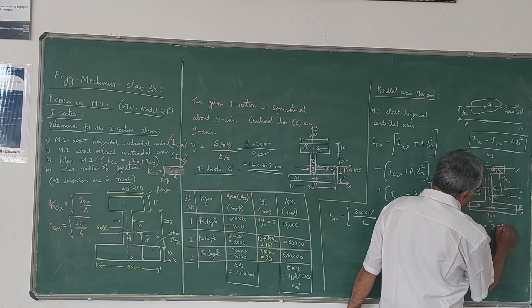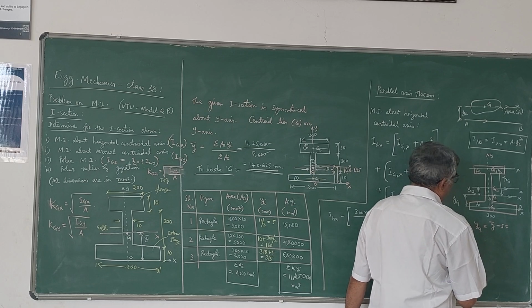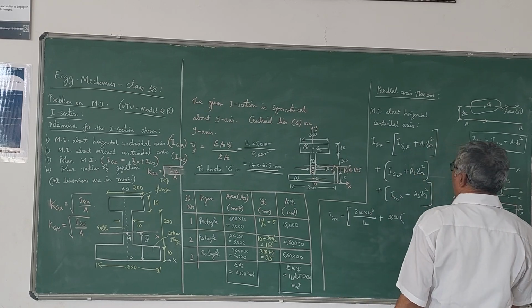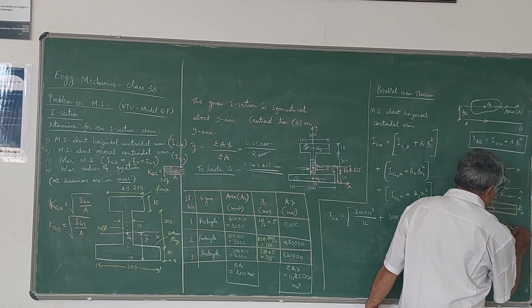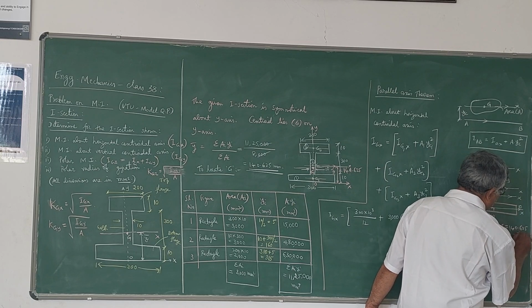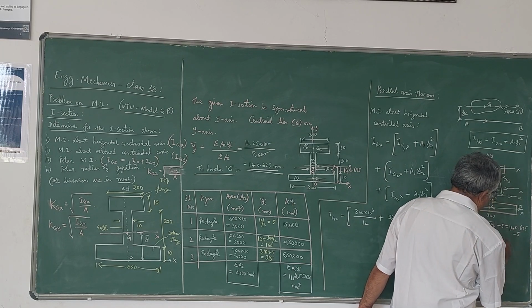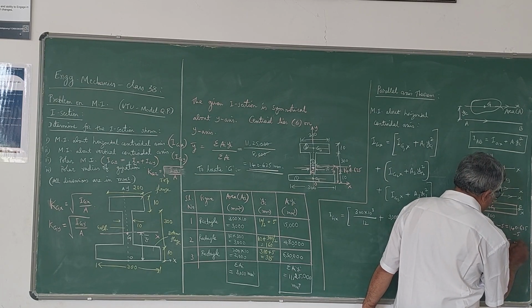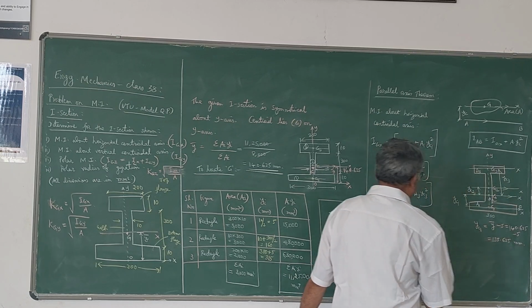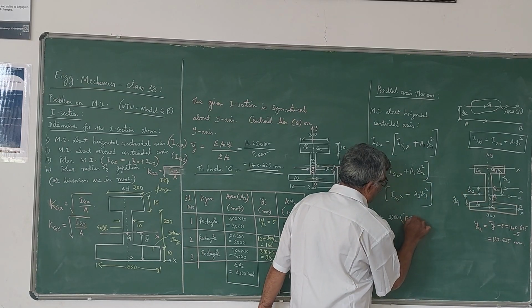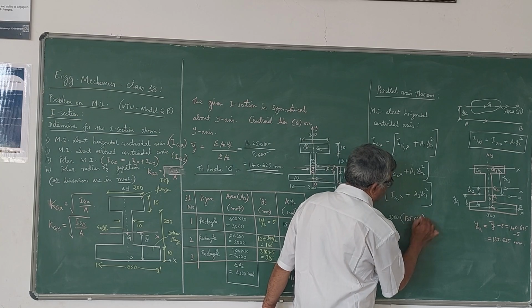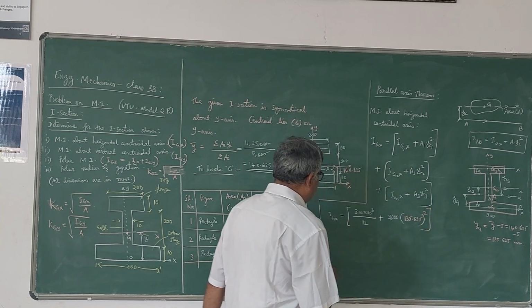So Y bar minus 5 is the value of YC1. Y bar is 140.625. 140.625 minus 5 is 135.625 mm. So your YC1 value is 135.625, and we take its square. So this is for the first rectangle.